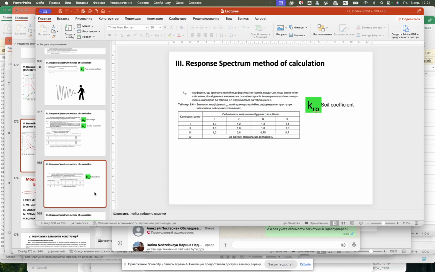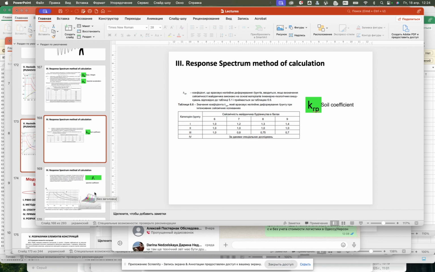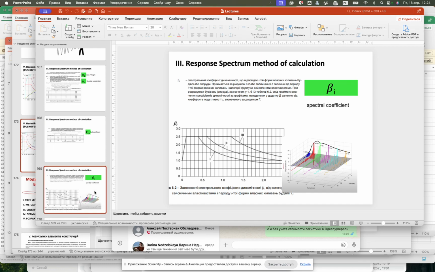K soil is a soil coefficient which also includes the additional effects of the earthquake, and it describes the collaboration, the joint behavior, of the building and the soils on which it is located. And the almost final coefficient, beta, is a spectral coefficient.